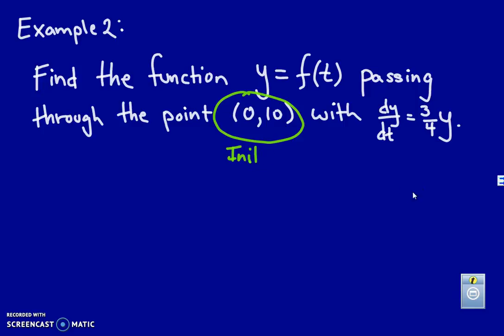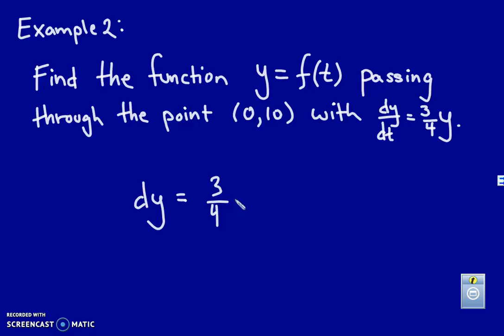Again, we're going to start off by separating the variables, collecting all dy's and y's, this time dt's and t's. So when we separate them, I'm going to multiply both sides by dt. I get dy is equal to 3 over 4y times dt.